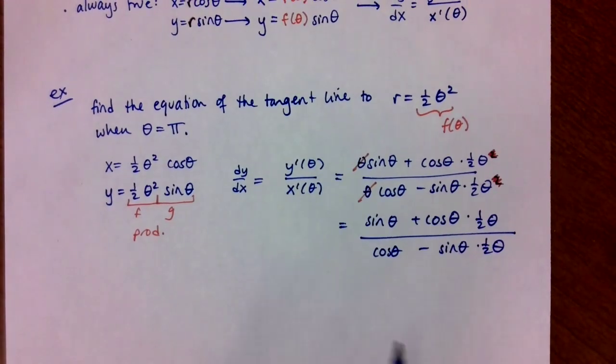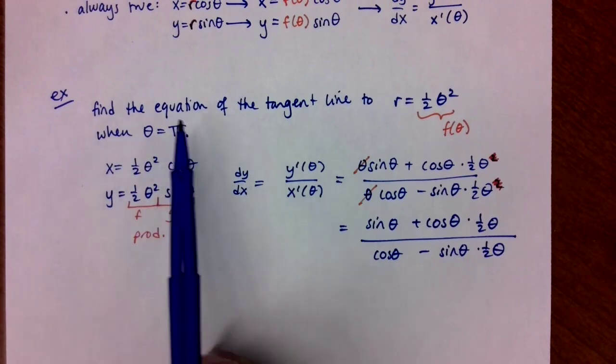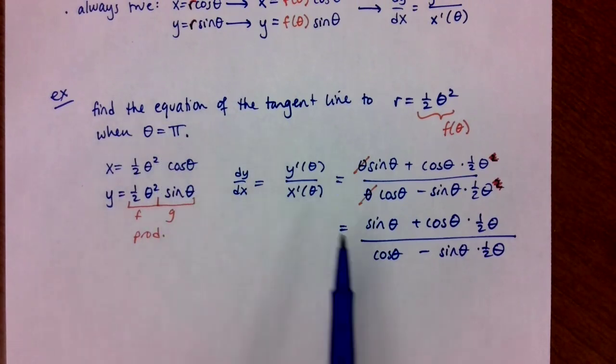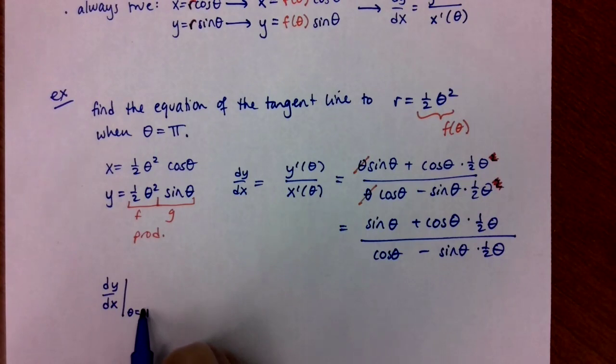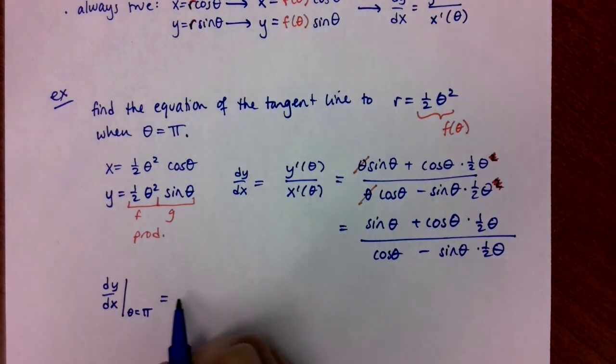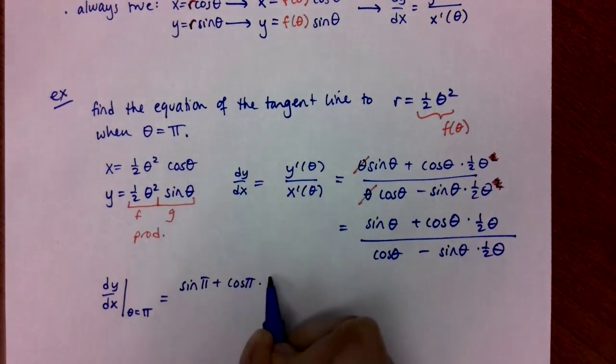Okay, so if I want the slope of the tangent line to this curve when theta is at the angle pi, then I'm going to plug theta equals pi in here. So what I'm doing is dy/dx evaluated at theta equals pi. So I have sine of pi plus cosine of pi times 1/2 pi, and so on.